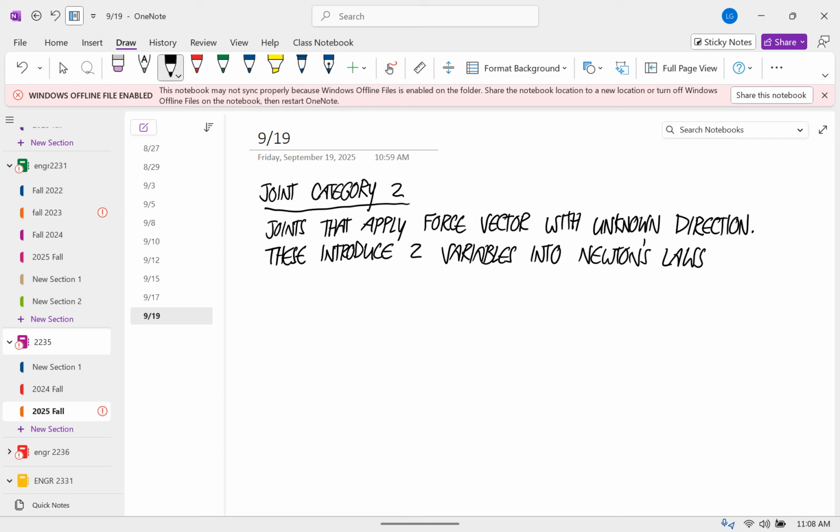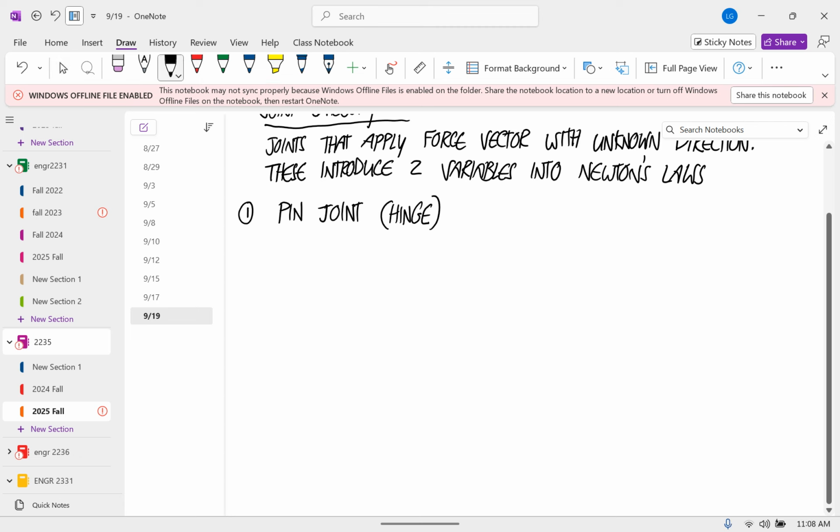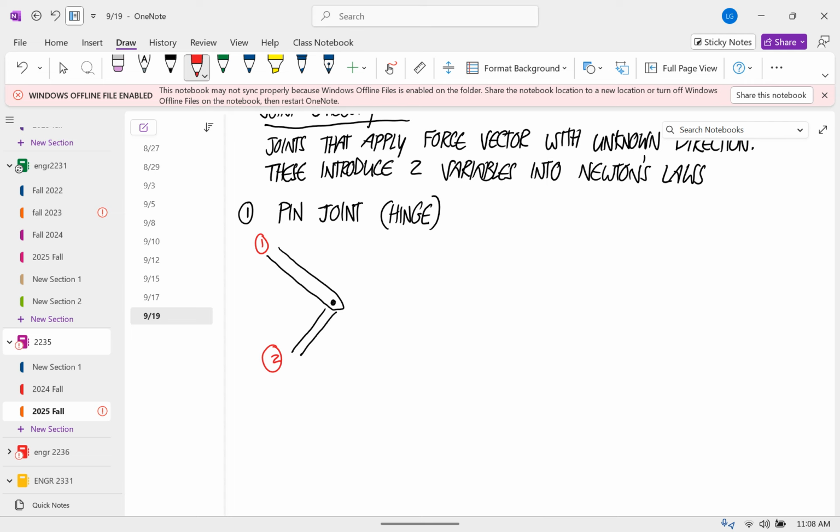The first one is called a pin joint or a hinge. And so this looks like you have one body like that, one body like this, and they can rotate relative to each other around that hinge. I'll call this body 1 and this body 2.